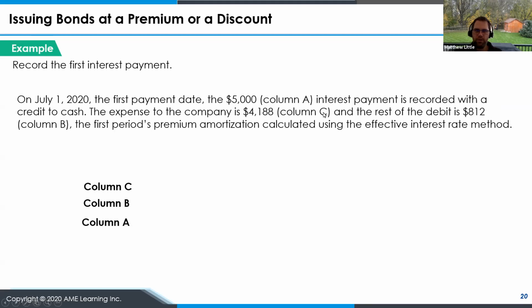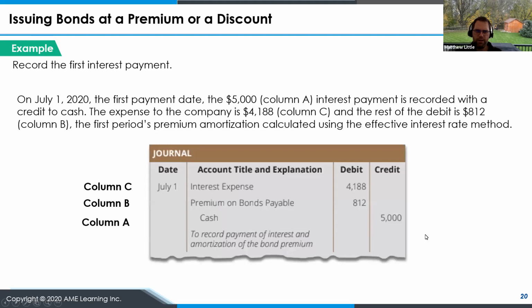Let's record the first interest payment. So on July 1st, 2020, the first payment date, we make a $5,000 interest payment and we record that as a credit to cash. The rest of the journal entry then is an $812 debit to the premium on bonds payable. So we're reducing the premium because 6 months has passed. Every 6 months, that premium will be worth less.